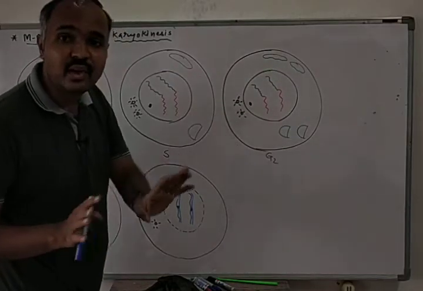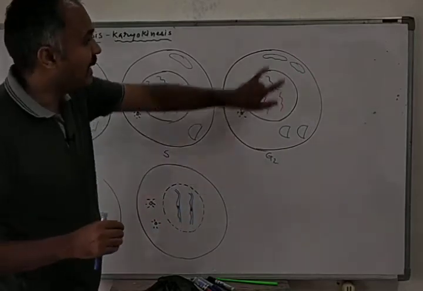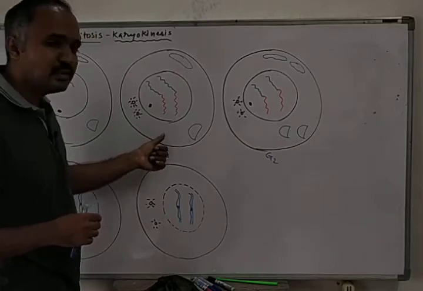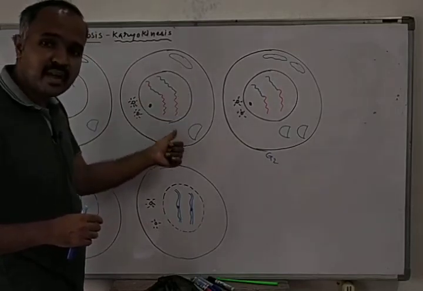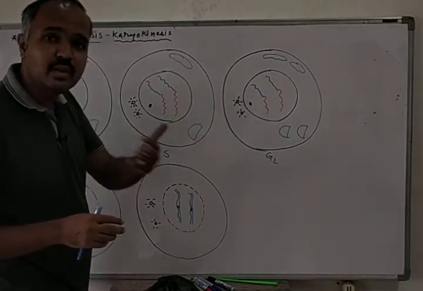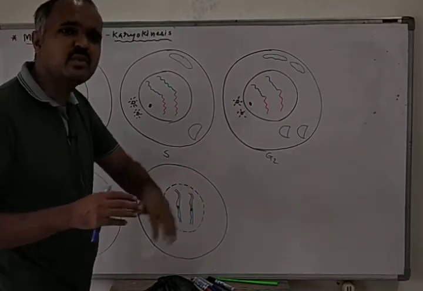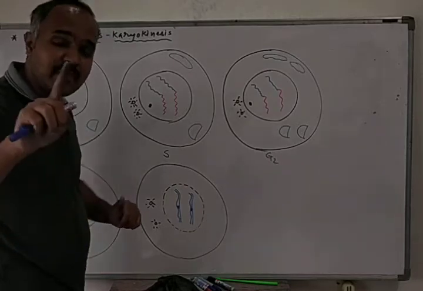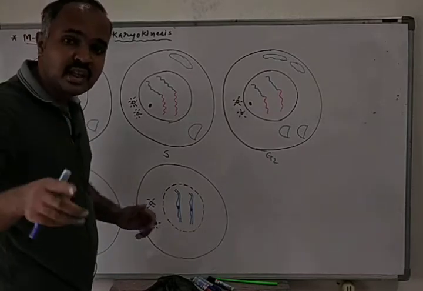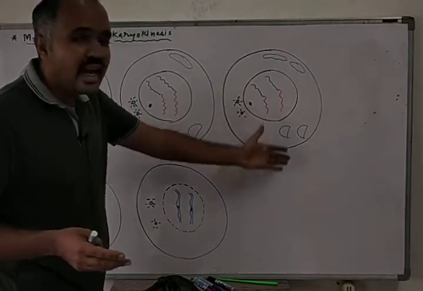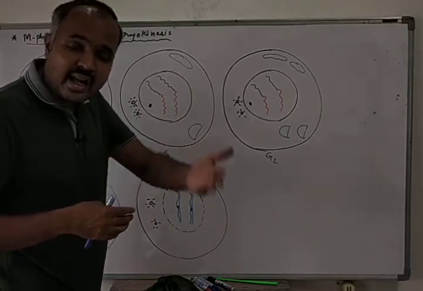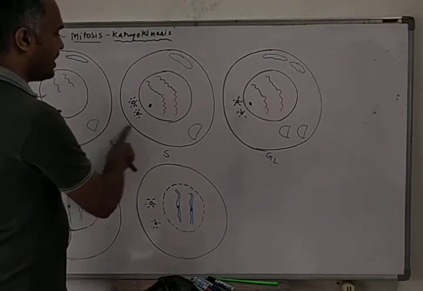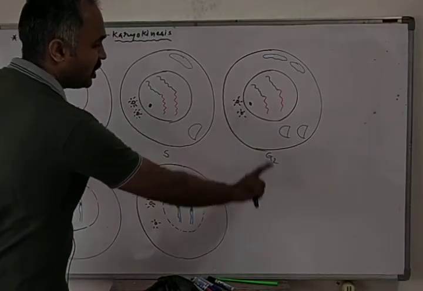In the S phase, mitochondria and chloroplast were one, but in the G2 phase there will be double the number of mitochondria and double the number of chloroplast. Remember the events of G2 phase: chloroplast and mitochondria are increased in number because of fission. So this is G1 phase, this is S phase, and this is G2 phase.